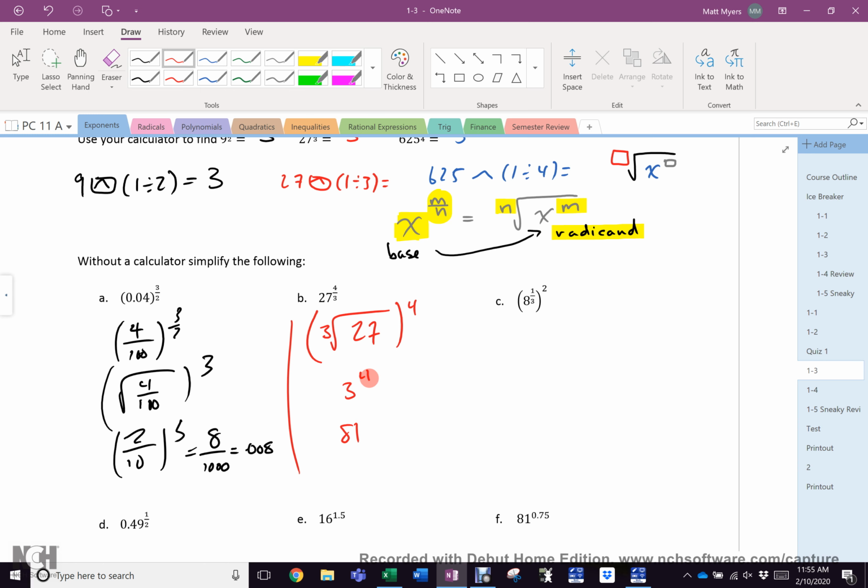Sometimes it's not perfect, and then you want to leave it under. And we'll get to some of them, especially when we get into the radicals unit. But for now, we're gonna keep it ones that we can work with in our heads, so we can start getting the relationship more so than the nitty gritty of it. Good?